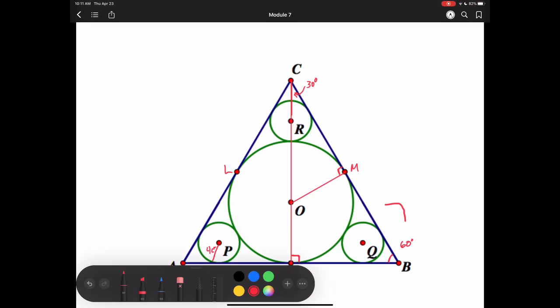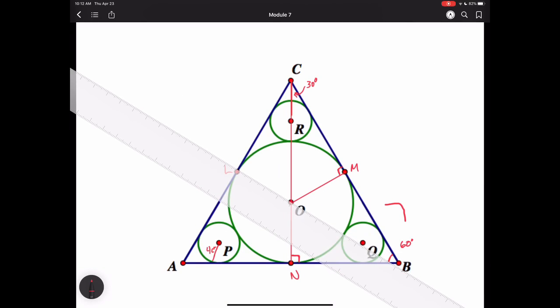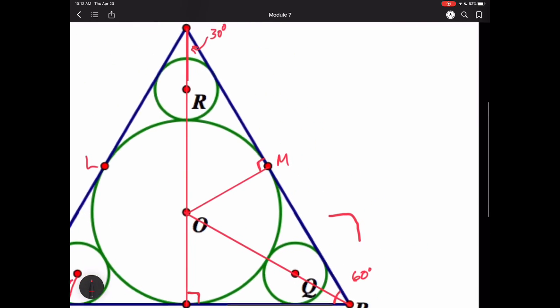Now, I'm also going to draw another line in here from vertex B to the center of circle O, all right? So now you might even be able to see some more right triangles, okay?